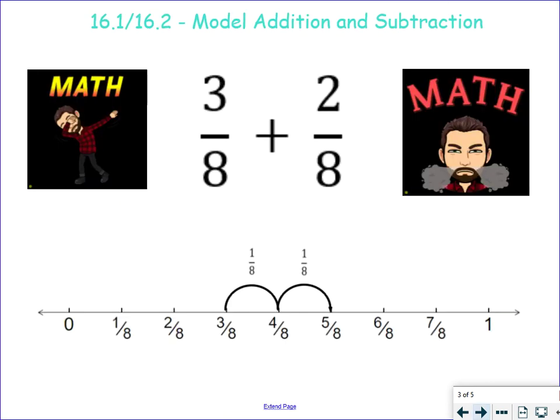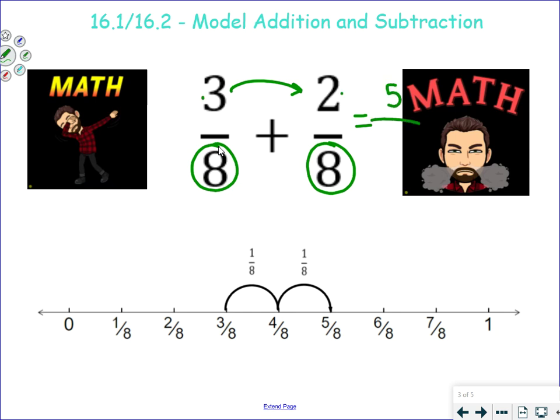Another way to look at it is a number line. So we have like fractions once again. So 3/8. Now all we need to do is add our numerators. 3 plus 2 equals 5, and our denominator stays the same.